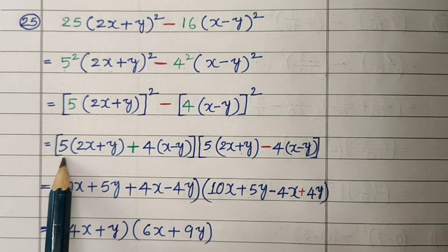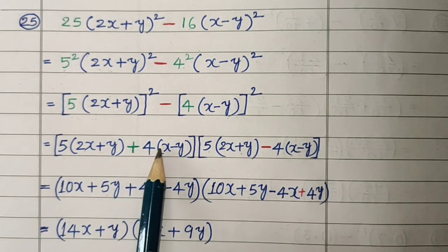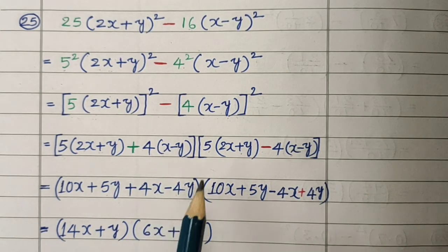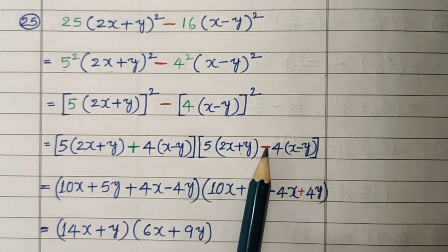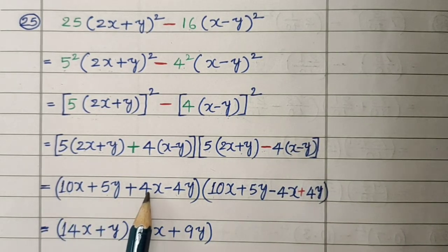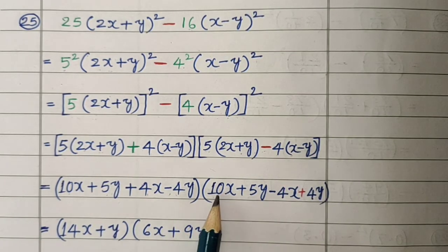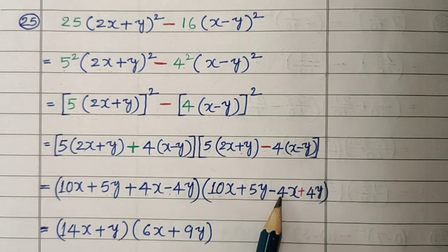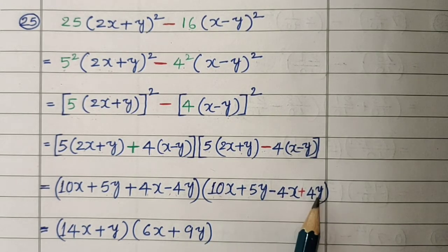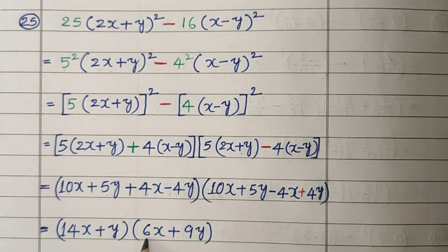So once again simple calculations: 5 2s are 10x, plus 5y plus 4x minus 4y. 5 2s are 10x, 5y minus 4x, minus into minus plus 4y. 10 plus 4 is 14x, 5 minus 4 is y. 10 minus 4 is 6x, plus 5 plus 4 is 9y. You can take out 3 as common factor from this: 3 into (2x plus 3y) into (14x plus y).